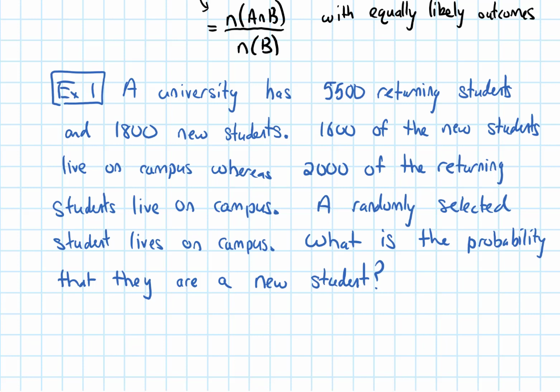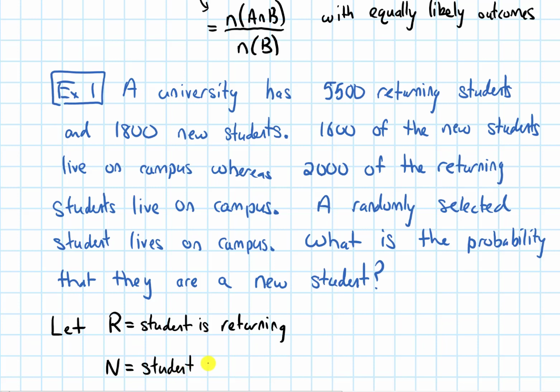All right, so to get us started, let's label some of these events. One of the things it talks about is whether a student is a returning student or a new student. So let's have R be the event that a student is a returning student. And let's let N be the event that a student is new. And then we also have this matter of whether the student lives on campus or they don't.